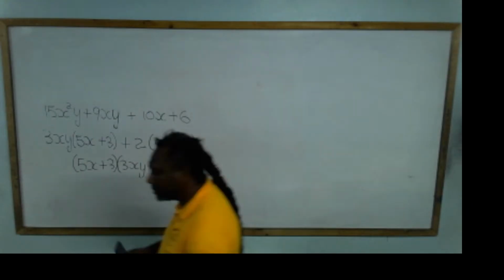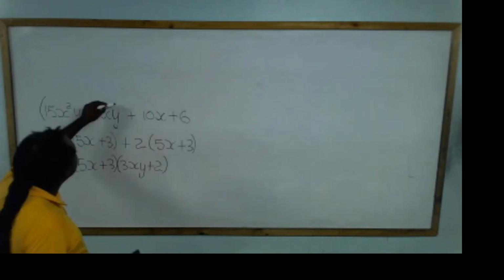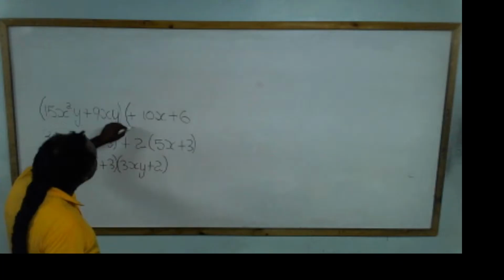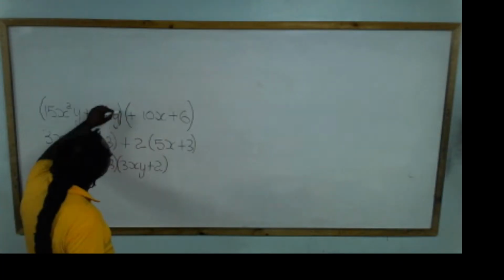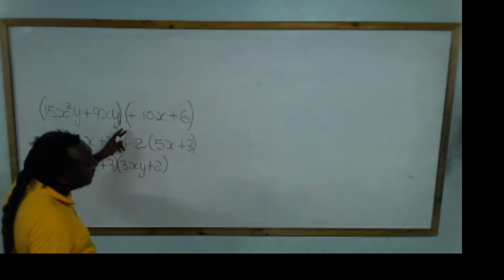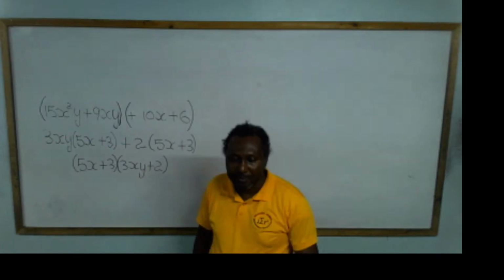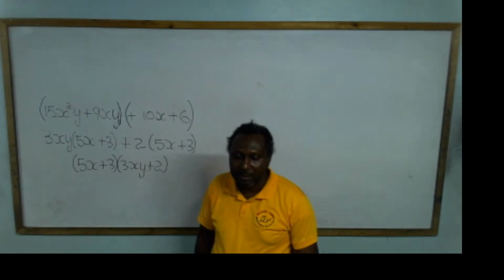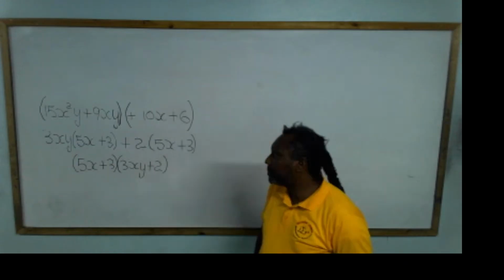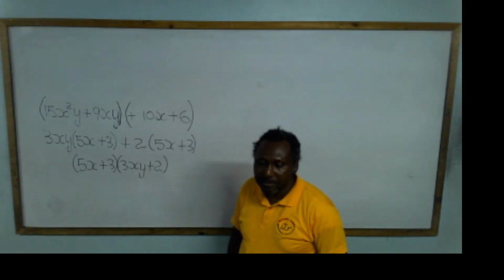So let me do that again. You can see, there is no operation separating the two brackets. There's nothing separating the brackets, and that means that they are being multiplied. So that could not possibly be correct. Is that okay?